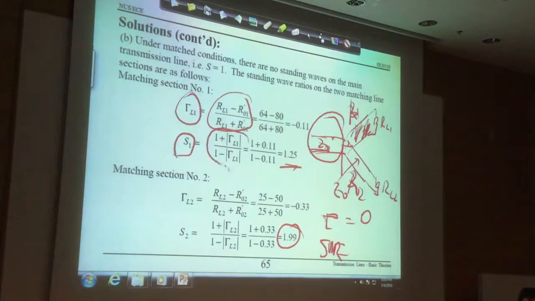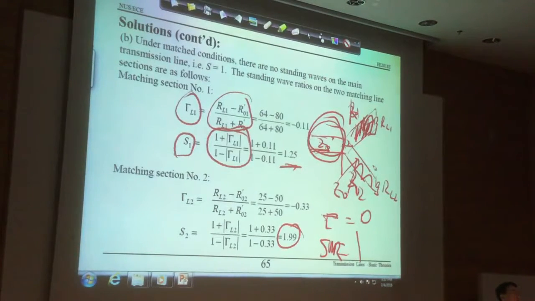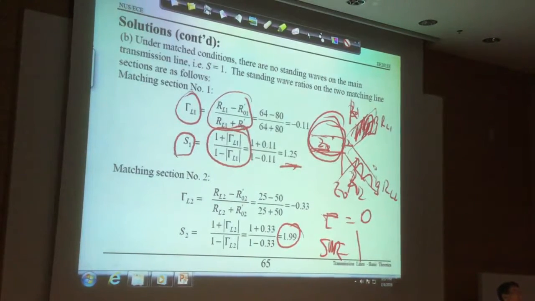Based on this equation, what is the value? 1. Yes. Actually, along the main transmission line is a traveling wave. However, for the stub section this is a standing wave, right? So our objective is to match this main transmission line, right?